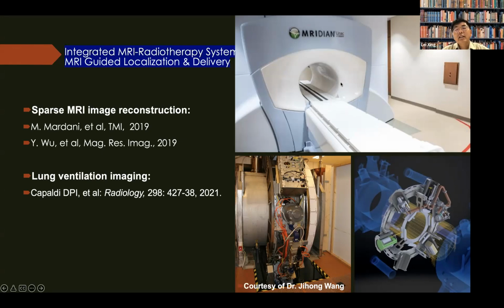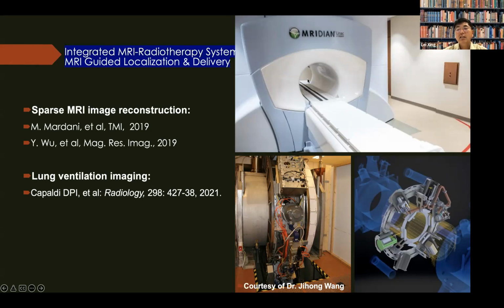So the idea here is really you acquire an MRI image in real time, and then you use that information to control the treatment, right? So that you know where the radiation goes, whether it's hitting the tumor target, or whether all you need is some adjustment of the patient position. Because you need a lot of sampling to get an MRI image, today's machine is 2D, right?